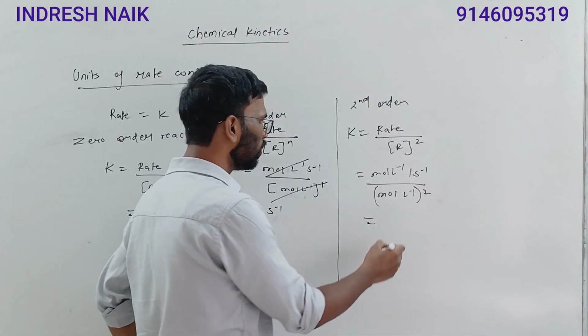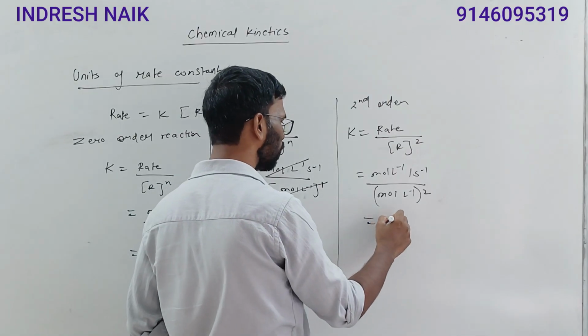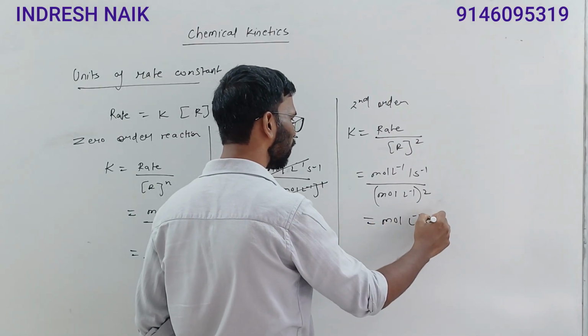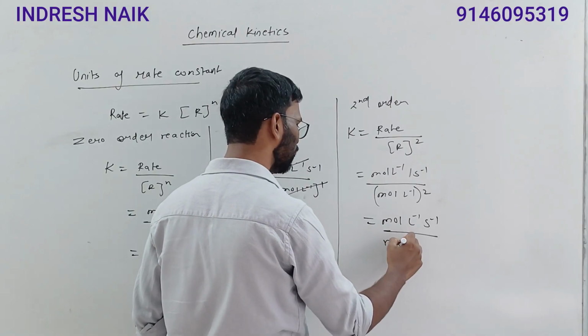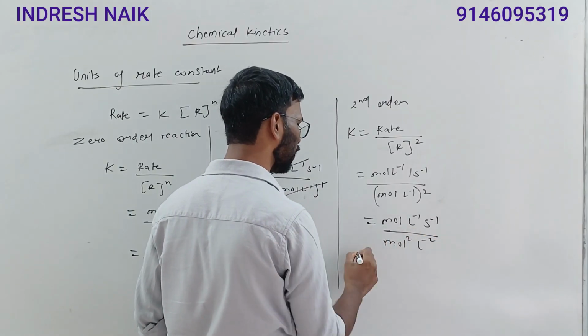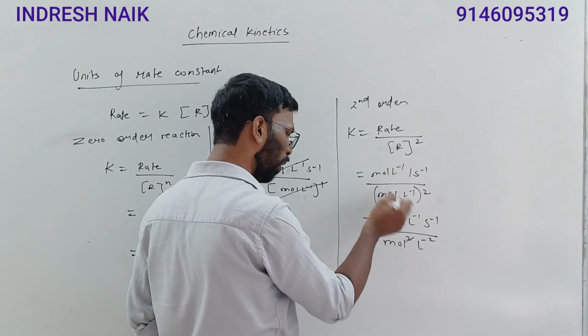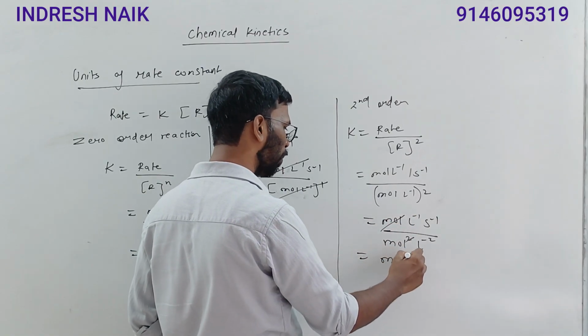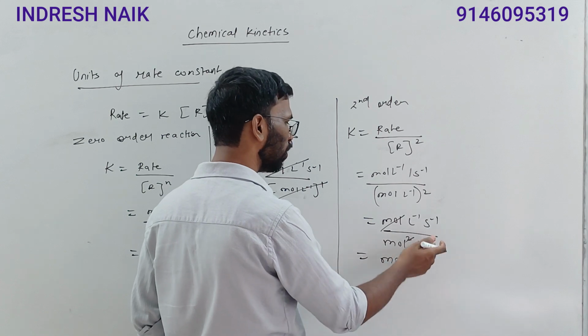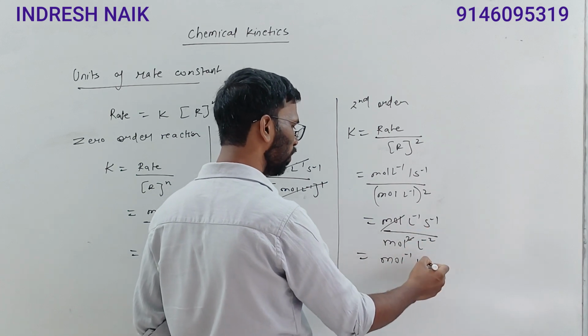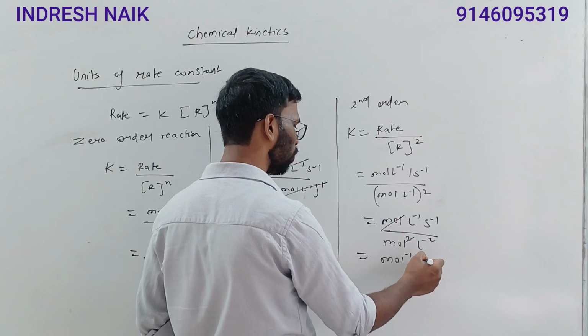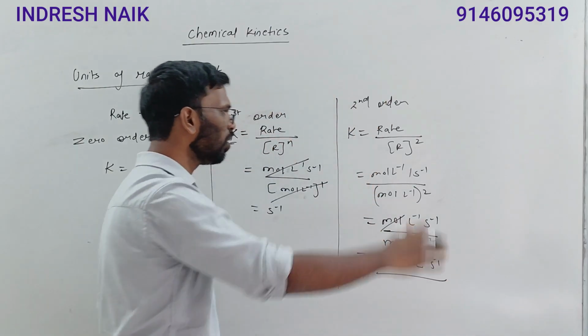So this is moles per liter per second times moles squared liter raised to minus 2. If you do this, it will become per mole when it goes on the top, liter raised to 2 and mole raised to minus 1. So liter raised to 1 per mole per second. So this is the order.